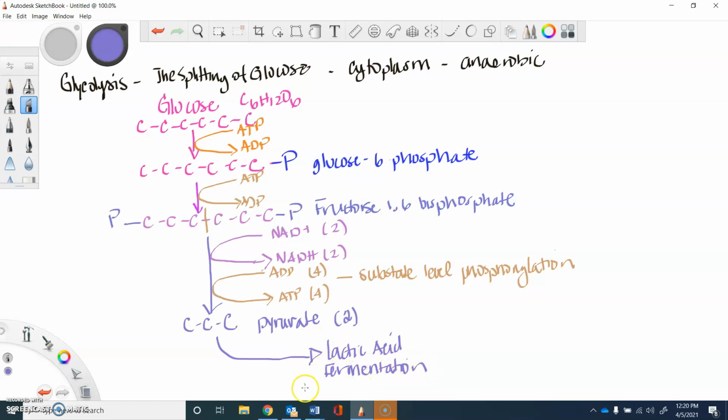And in doing that, it takes the NADH that we have and puts it back to NAD. Okay, once that happens, then those 2 pyruvate can go back into glycolysis to make ATP.